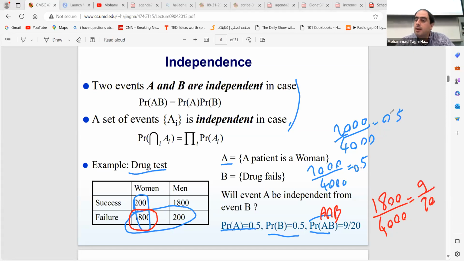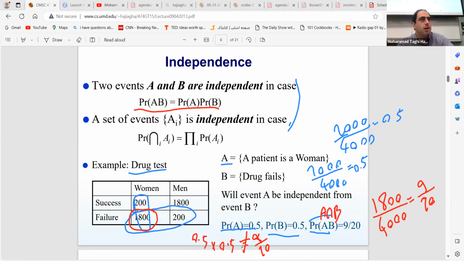Now you want to see whether A and B are independent or not, then you just use the formula. So here we have 0.5 times 0.5, while the other side is 9 over 20. And these two are not equal.